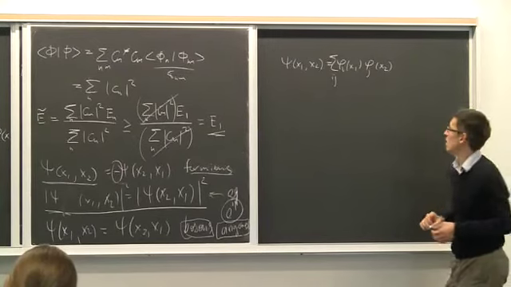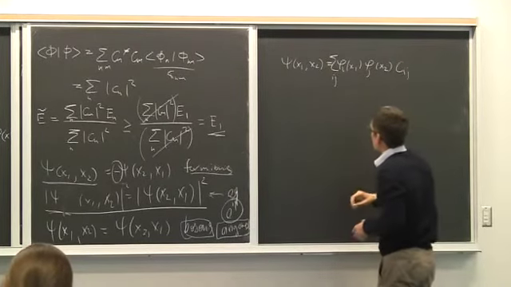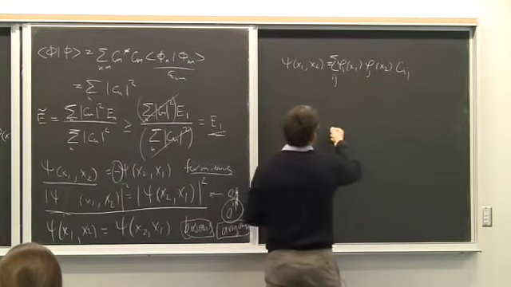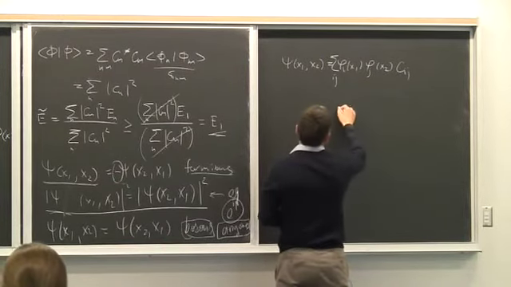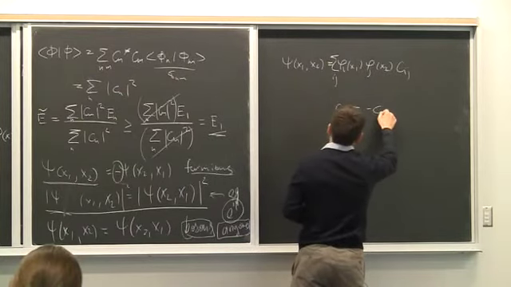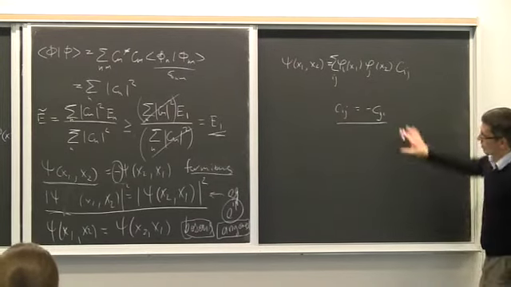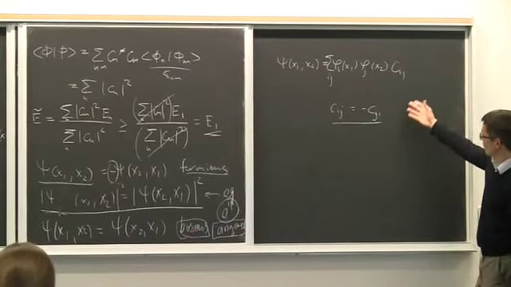Okay? So if you put some C_ij coefficients, then you may find it useful to have C_ij equal to minus C_ji, something like this. So this is an antisymmetric condition.